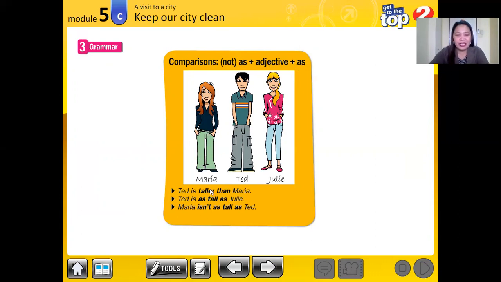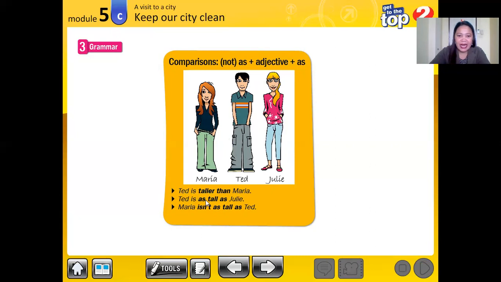Again, listen carefully. We are going to describe these three teenagers based on their height. So, describe Ted. Ted is taller than Maria. Next, Ted is as tall as Julie. So we use as plus adjective tall plus as, then another person.